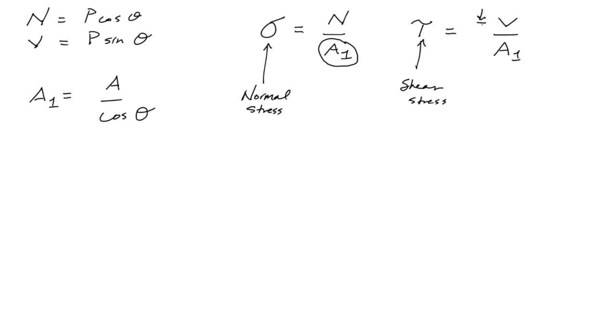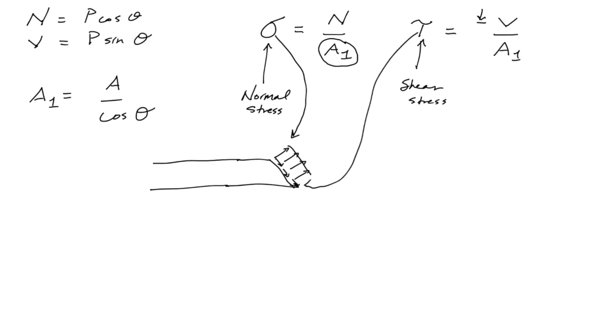Now let's talk about this negative sign for a minute. If we draw a little picture of what we've got here, we have our inclined section, this is sigma, then we have tau, and we have kind of an embedded sign convention here.